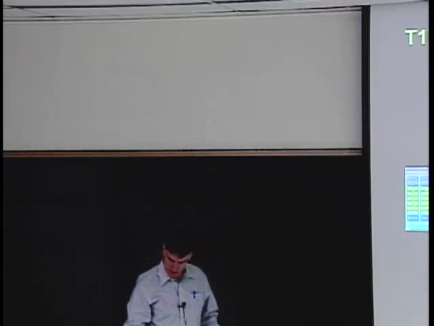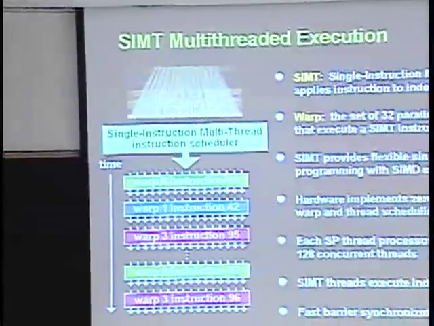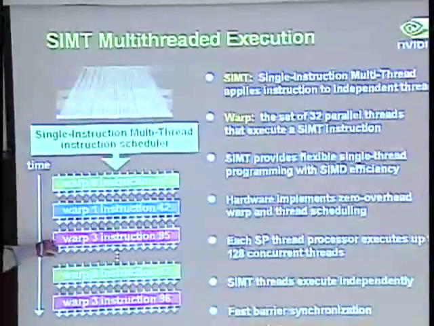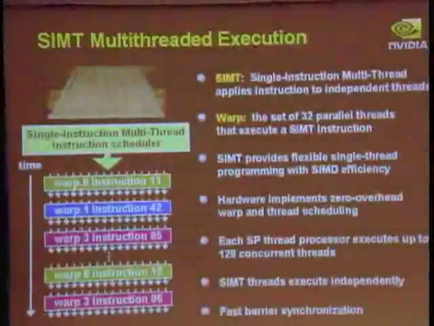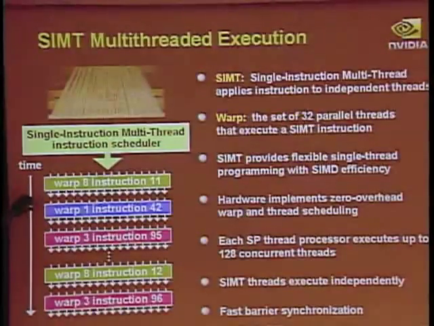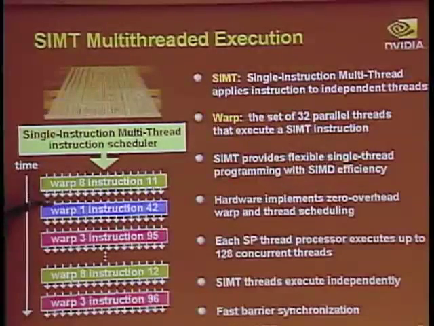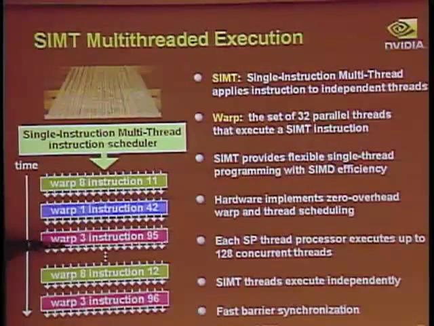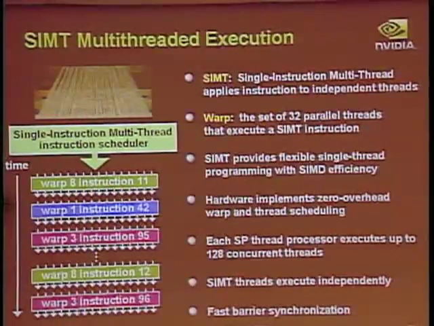The other advantage to doing these warps is that because there's no relationship between the data in this warp and the data in this warp and the data in this warp, I have plenty of time, I guess is what I say.